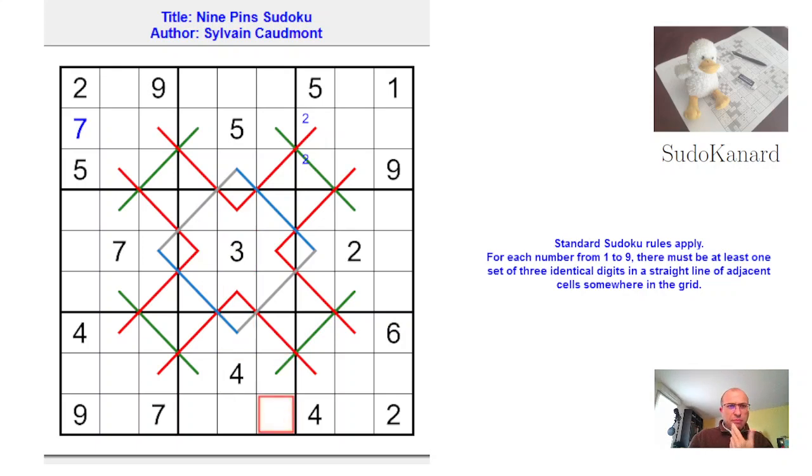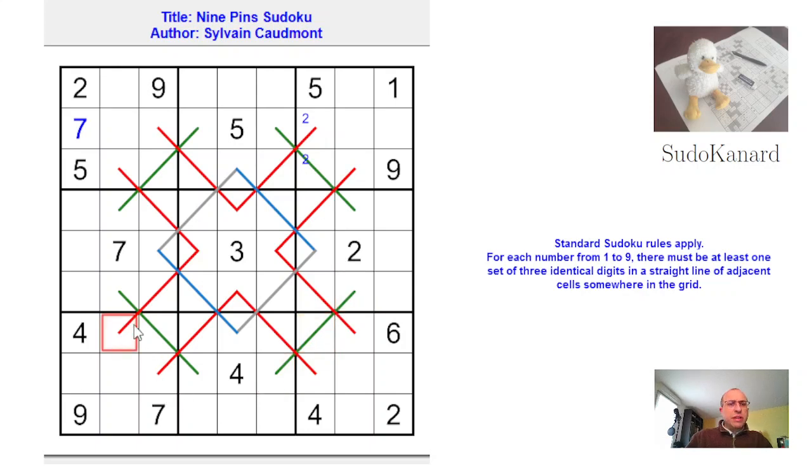And I'm thinking I should probably focus on digits that have a large number of appearances in the grid. I'm thinking of 9, because 9 here and here. Where could it be repeated 3 times? Well, definitely not on this green, not on this green, not on this green, but perhaps on this one. 9 in those 3 cells makes sense.